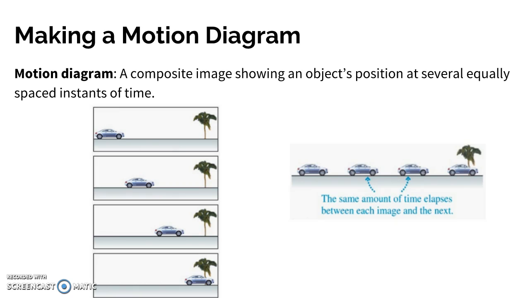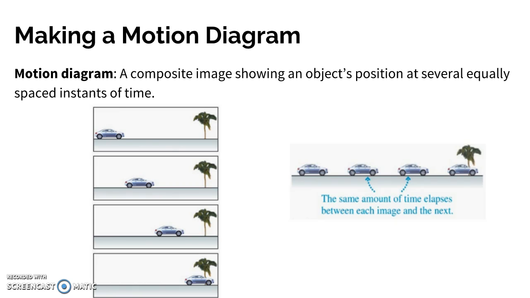So imagine we saw a car driving along a street and you took a picture of the car at regular time intervals, let's say every second. So as the car passes you in the street and you take a picture of the car every second, you'll see an image something like we have here on the left, where we see a car basically moving across our plane of view.